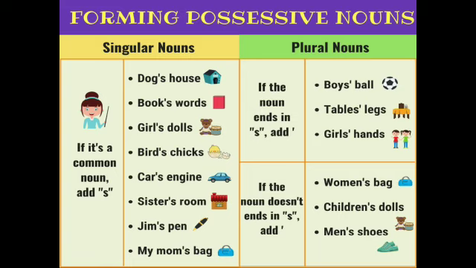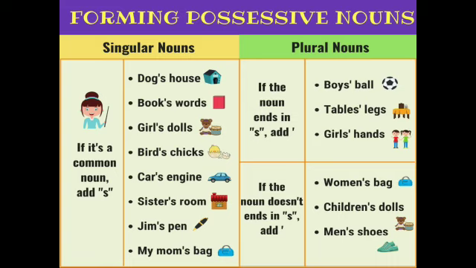Okay, but on the other hand, when we have to show the possession of plural nouns, how will we show that? If the noun ends in s, then we add only an apostrophe. Okay, apostrophe is a sign which you can see here. Like boys' ball means there are more than one boy. So when we want to show the possession of a plural word, meaning more than one, then we only have to use an apostrophe.